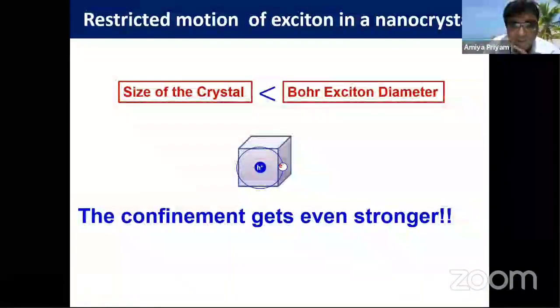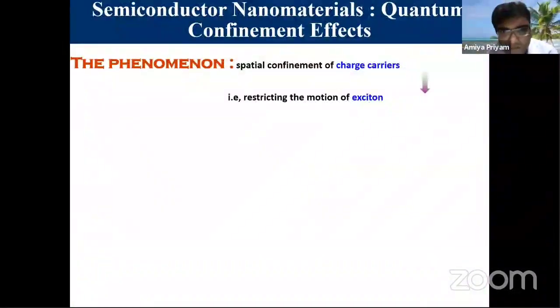If you are achieving this in all 3 dimensions, then to sum up, the phenomenon that we are talking about relates to spatial confinement of charge carriers in 3-dimensional space.